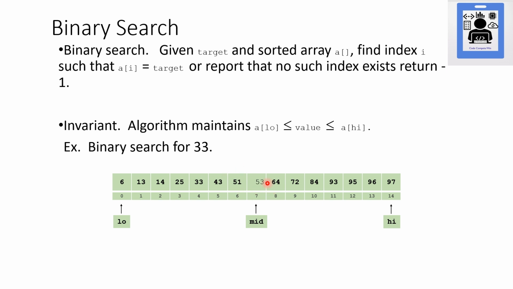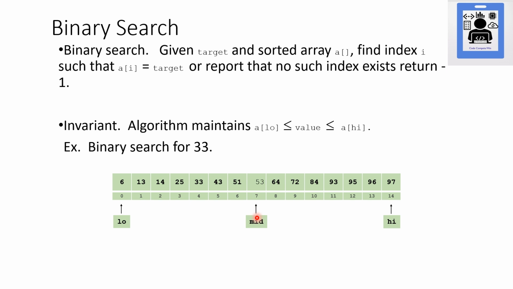If the mid element is less than our target, we move our low to mid plus 1. If it is greater than our target, we move our high to mid minus 1.